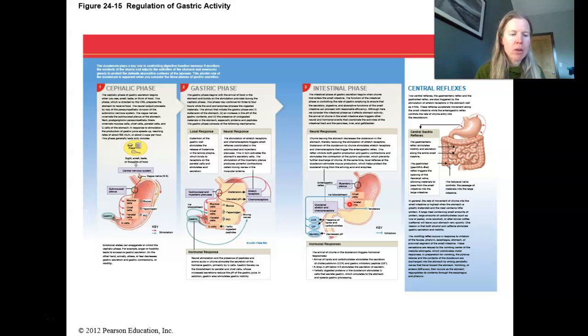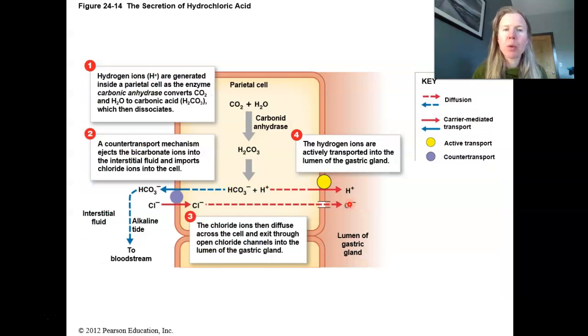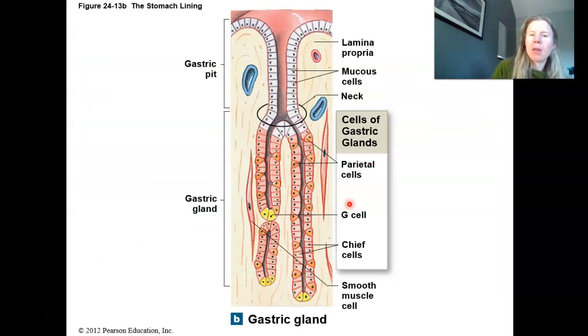Okay, so then I guess we're to... Oh, I guess one other thing before we go there. There are these G cells also in the gastric gland, and those produce gastrin, and this is a hormone.